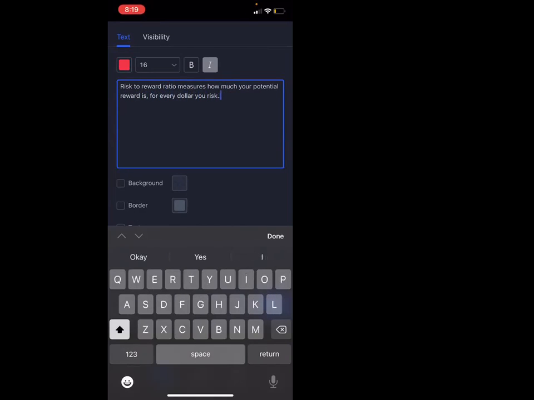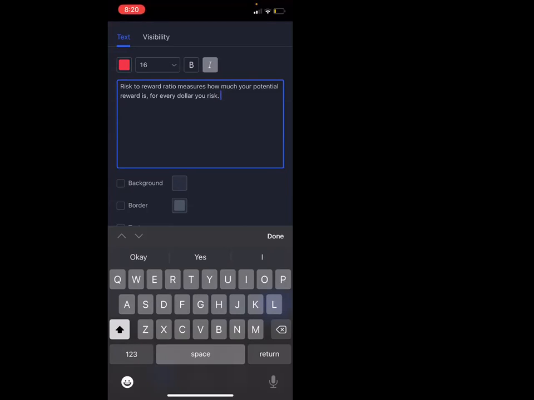So for example, if you have a risk to reward ratio of 1 to 3, it means you're risking $1 to potentially make $3. If you have a risk reward of 1 to 5, it means you're risking $1 to potentially make $5. That's basically what risk to reward is: what you're risking to potentially make.